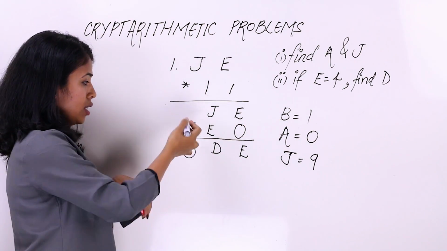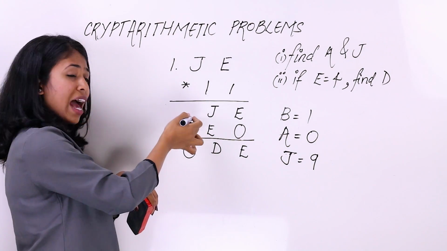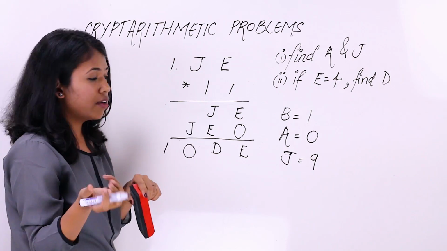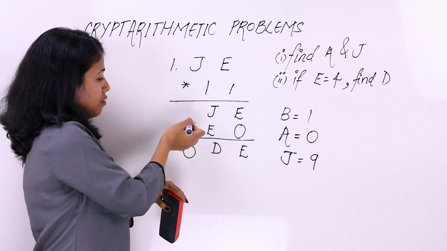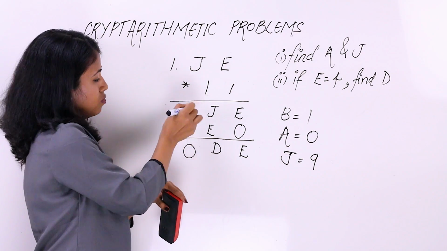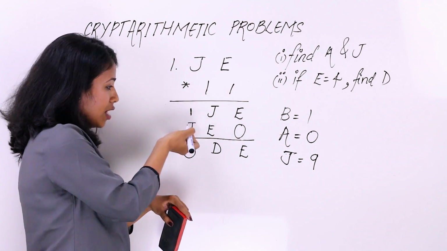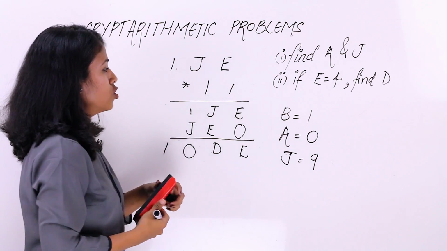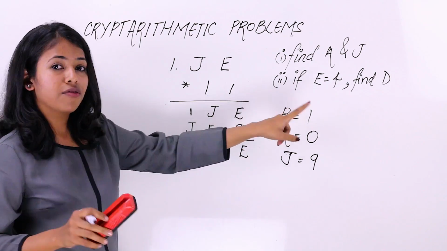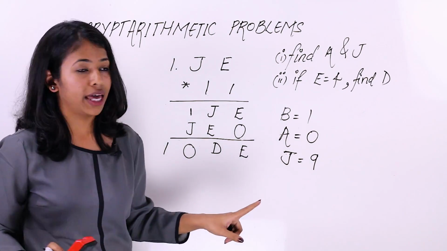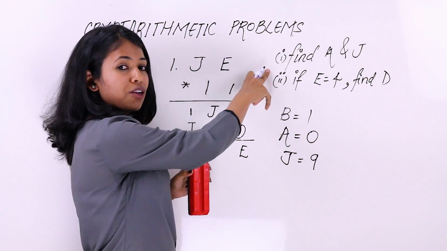In that case only, 9 gets added to some carry, and this carry can be at max 1, right? So the carry plus J is giving me 10. So J value has to be 9. So we have found out B value is 1, A value is 0, and for J the value is 9. We are done with the first part of the question.